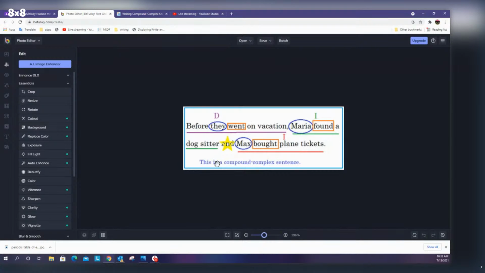So this is what makes it a compound complex sentence, because we have one dependent clause with at least two independent clauses. We use this as a way to combine related actions and not have a run-on sentence. This is the proper way it should be written.